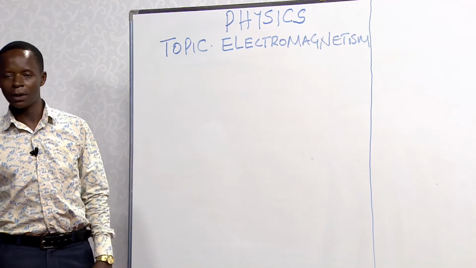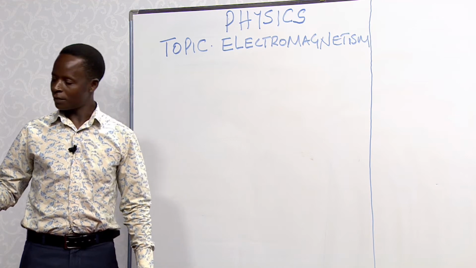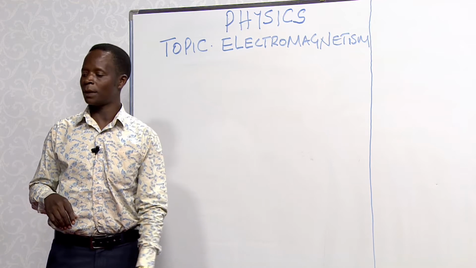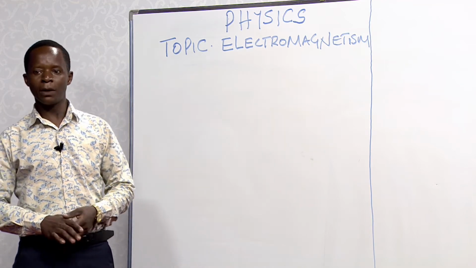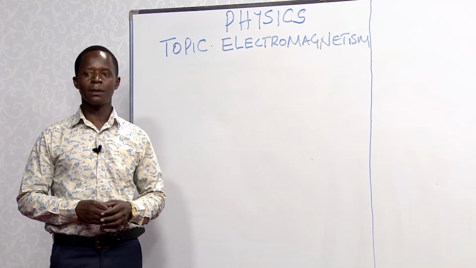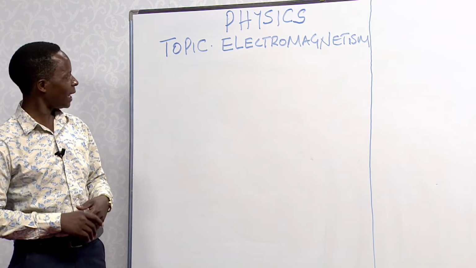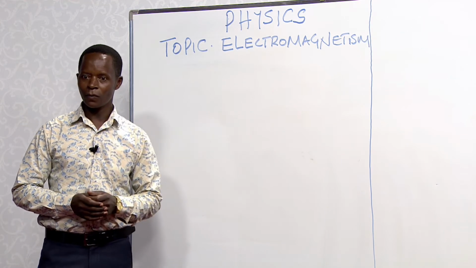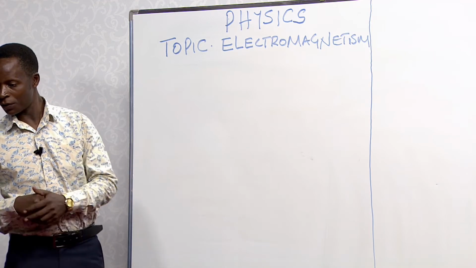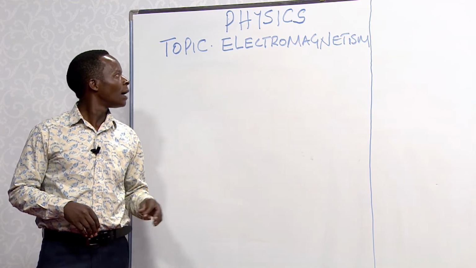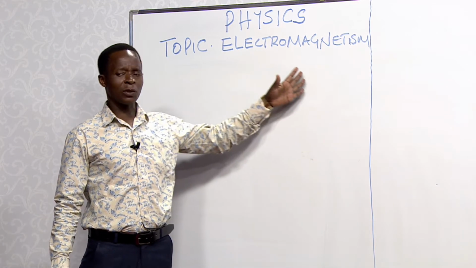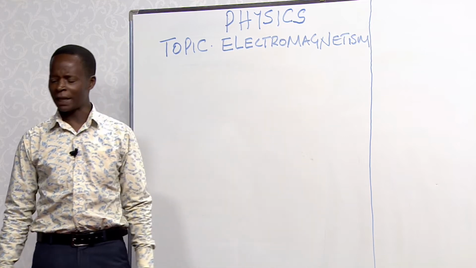For example, you could have tried to know how electric motors work, electric bells, electric drills, and so many others. You will find out that most of those items are considered under the topic of electromagnetism.